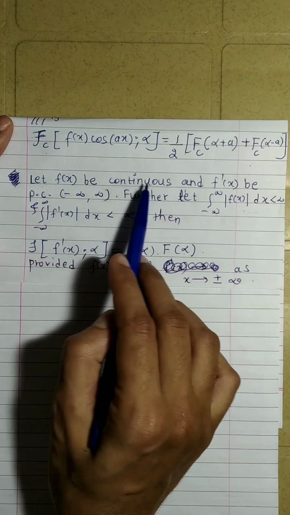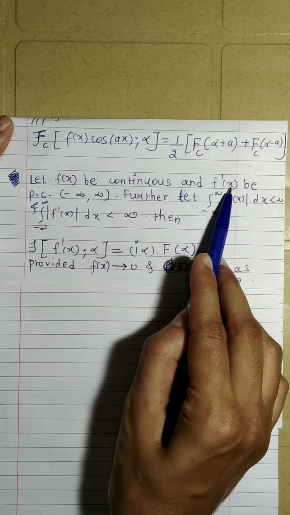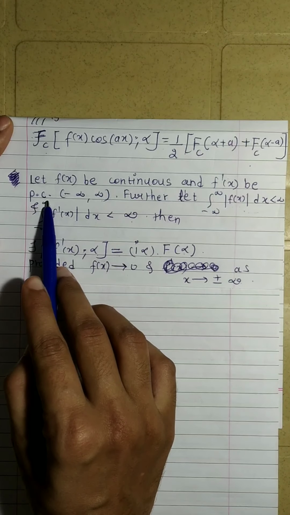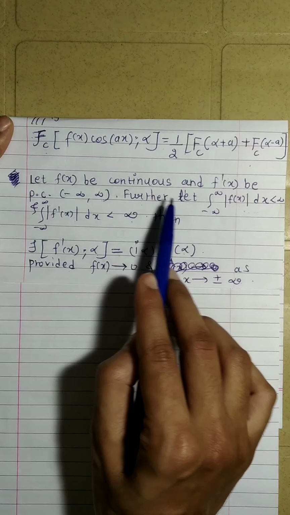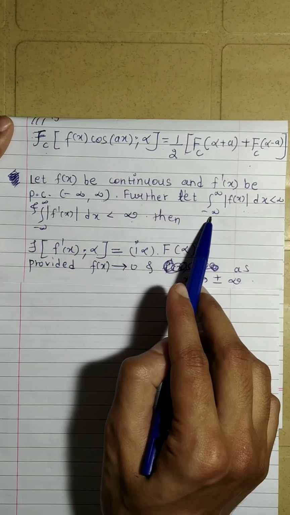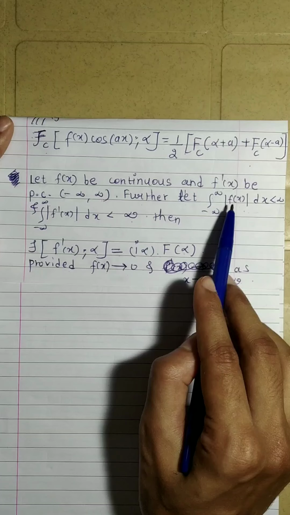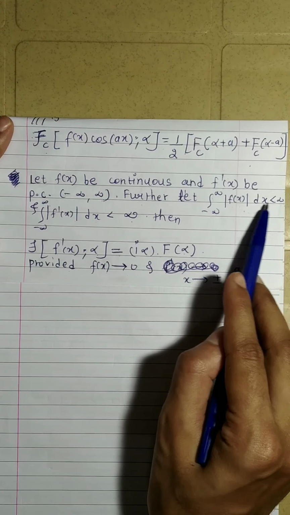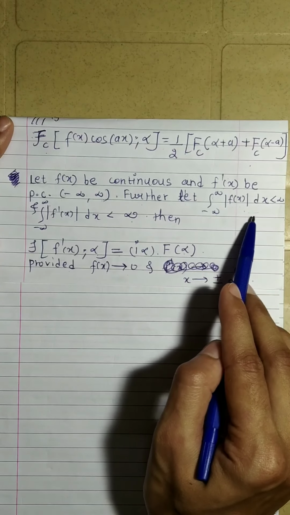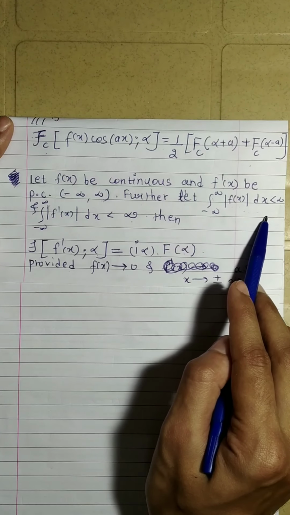Let f(x) be continuous and f'(x) be piecewise continuous on minus infinity to infinity. Further, let the integral from minus infinity to infinity of mod f(x) dx be strictly less than infinity. In other words, this is finite or it converges.